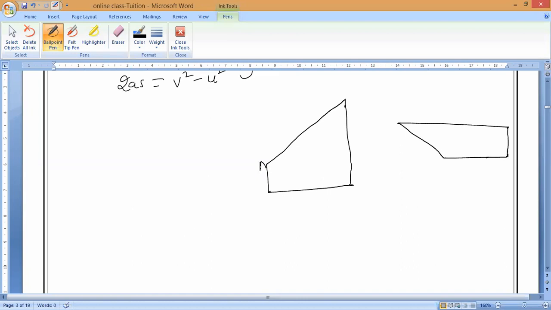So OA, BC. This is O, this is A, this is B, and this is C. Here this is called a trapezium. In a trapezium, two sides are parallel to each other.